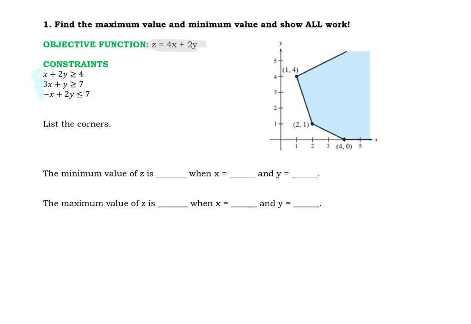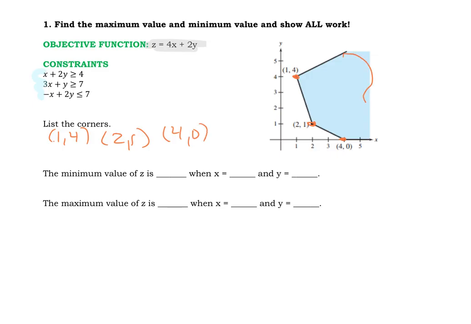That's where we're going to start. So I can start over here and I see I've got a corner at 1, 4. I've got a corner here at 2, 1. And then I have a corner here at 4, 0.